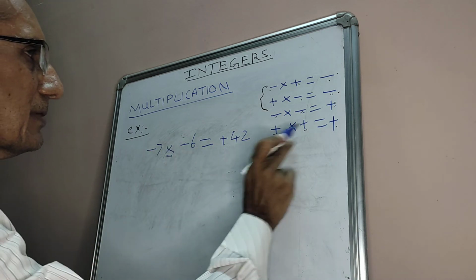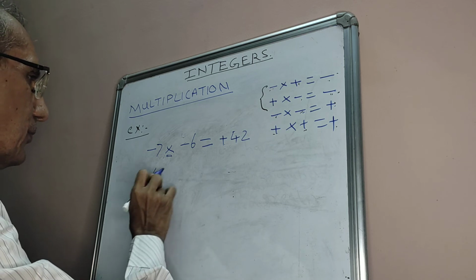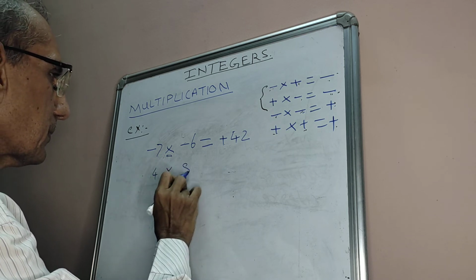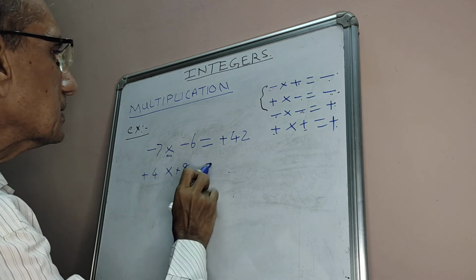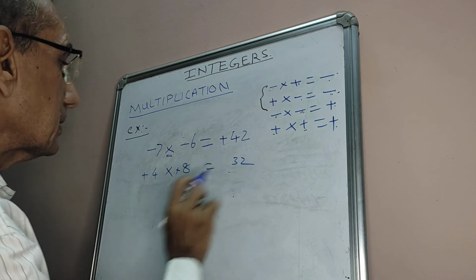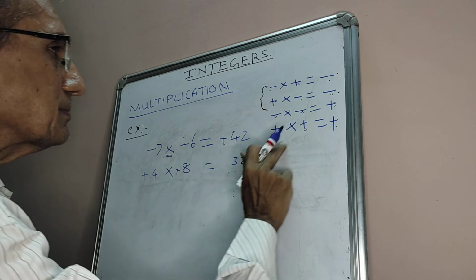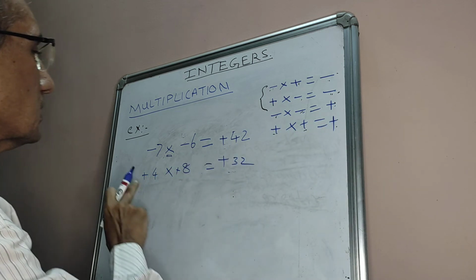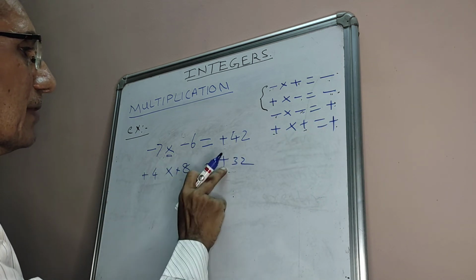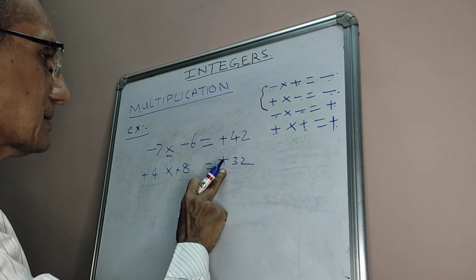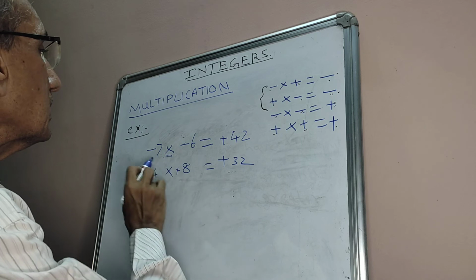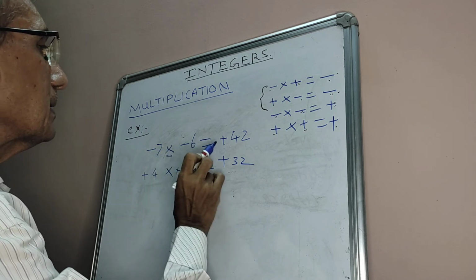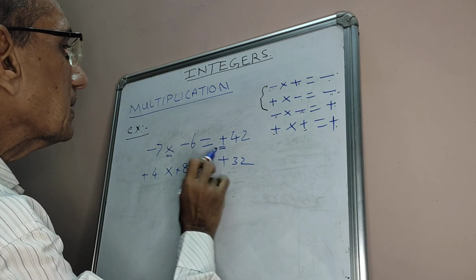Similarly, if I write 4 into 8, you have plus 4 and plus 8. So 4 eights are 32. The sign is plus into plus, plus. Both numbers have the same sign, so we put plus. If both have a minus sign, then also you put a plus sign.